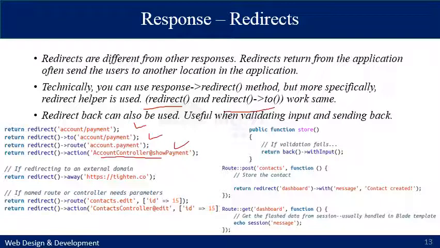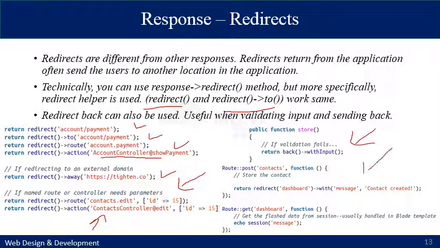Similarly, if you want to redirect to some other website, you can use the redirect.away method, or if you want to go to a specific resource, you can use the redirect.route method or the redirect.action method. And if you want to send some information when the input validation fails, you can use the redirect back method with inputs.